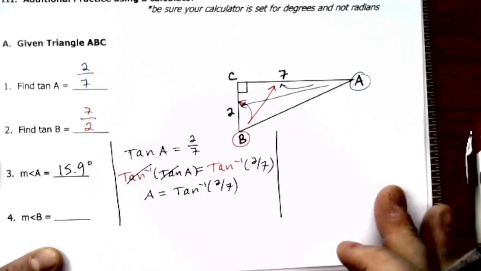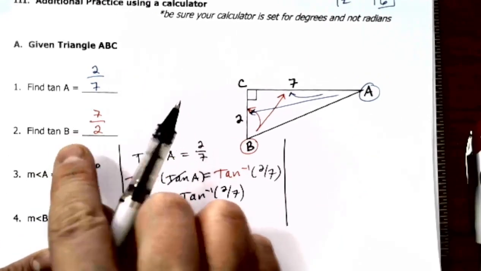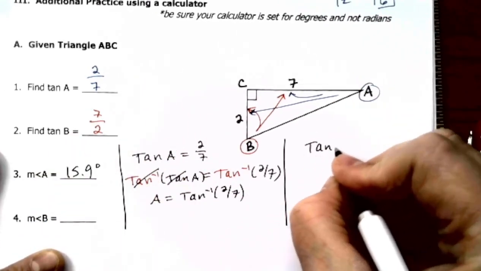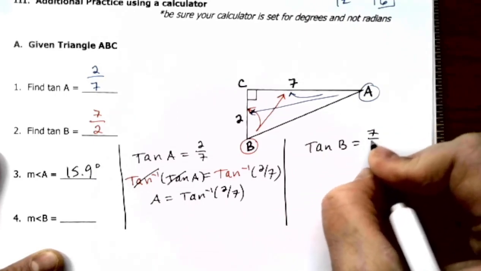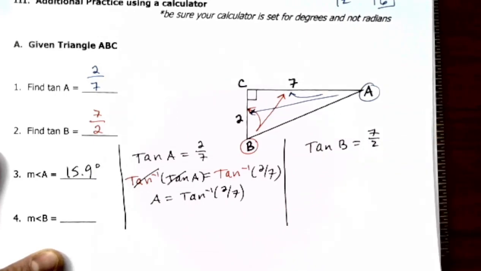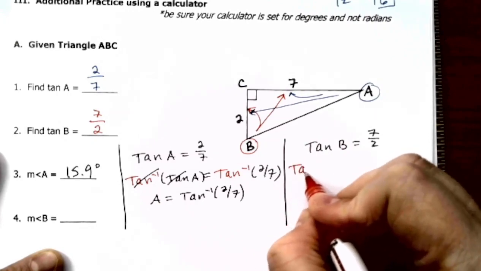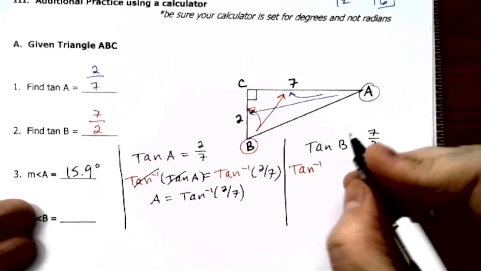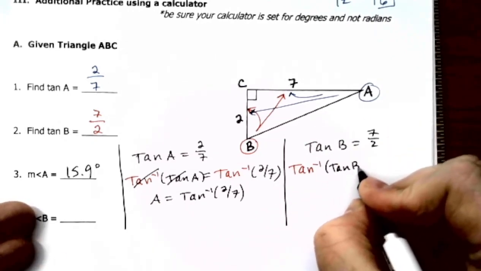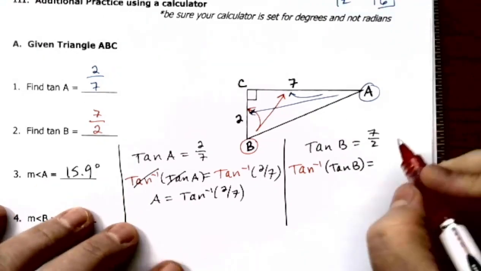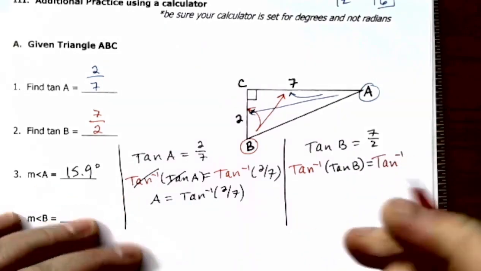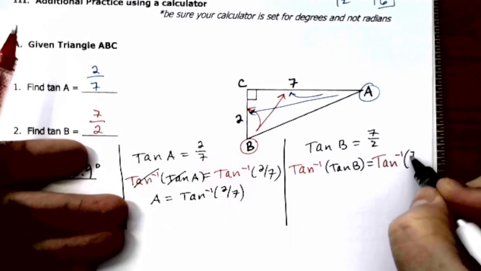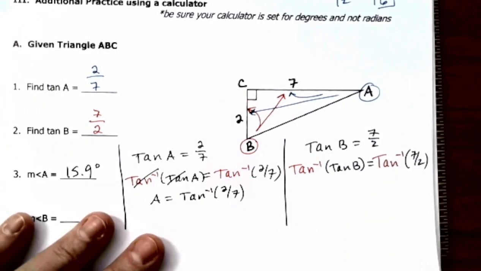Okay, so let's do B now. I'm going to use this relationship here. Tangent of B equals 7/2. So I'm going to arctangent both sides. So arctangent tangent B equals the arctangent of 7/2.